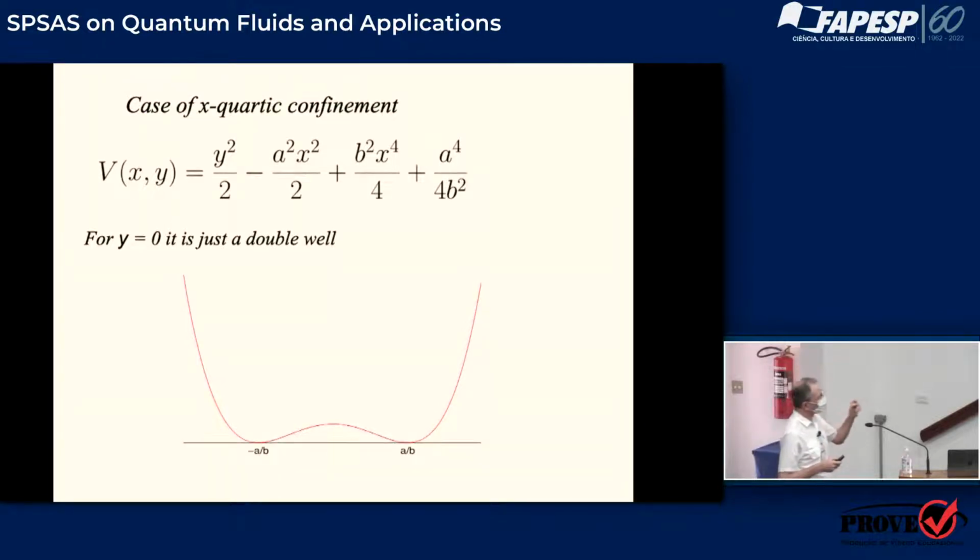So if you choose I equals 0, this is just a double well. So a double well, if you start with a double well, it already makes it easier to separate the condensate. So of course, when you start to rotate it, it will make it even easier to make the breakup.